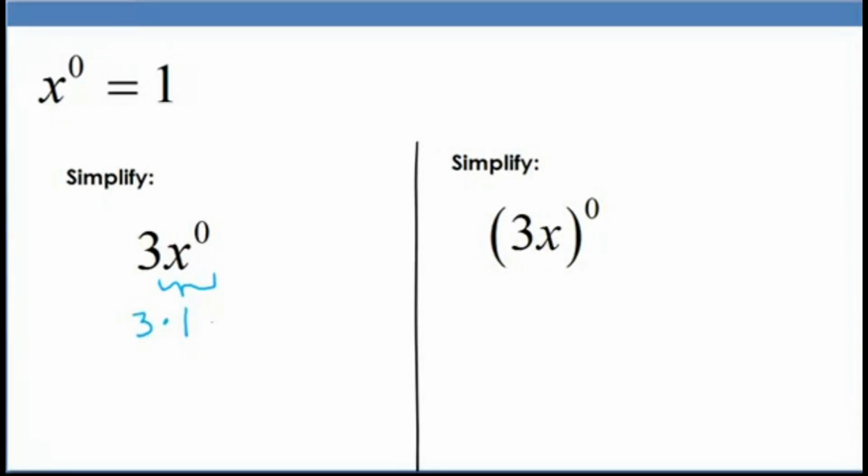So our answer there is 3 times 1, which is 3. For our second situation, the 0 is beside the parentheses, so the 0 applies to the entire piece. This one is equal to 1. It doesn't matter what's inside, the entire piece is to the 0 power, so that is a straight application of your definition.